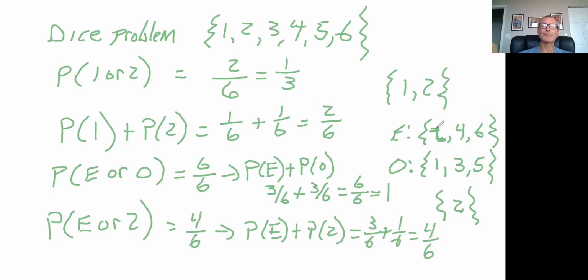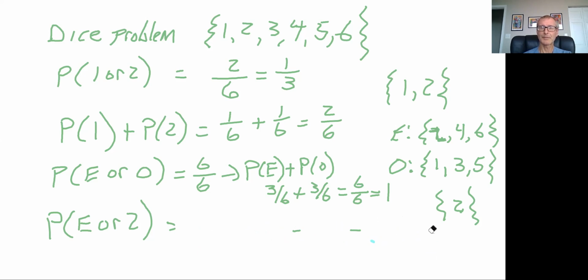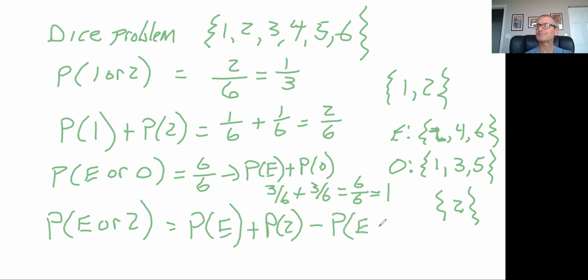So what we want to do in this case is we have an equation that looks like this. The probability of even plus the probability of 2, and then you have to subtract what's common. What we consider this is called an and function, even and 2, where they're common.